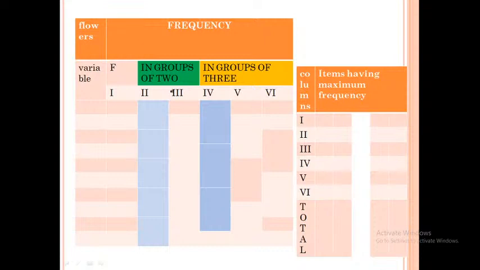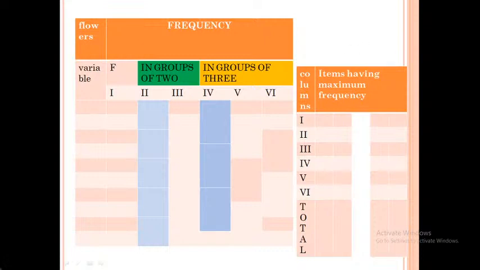In this question we have two modal values, that is 8. So here what you have to do is the grouping method, and the first step is to write the variables.